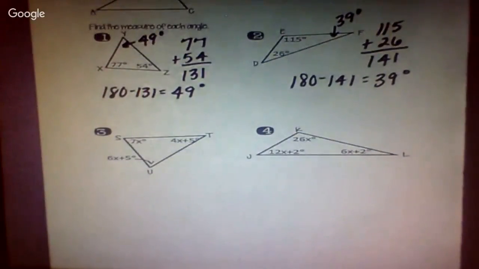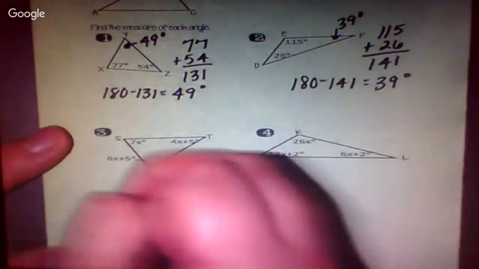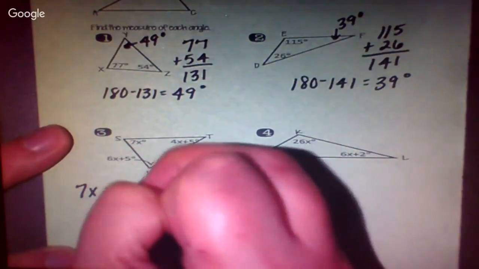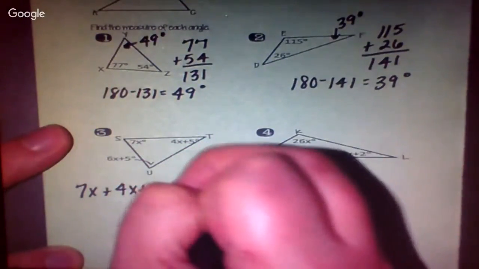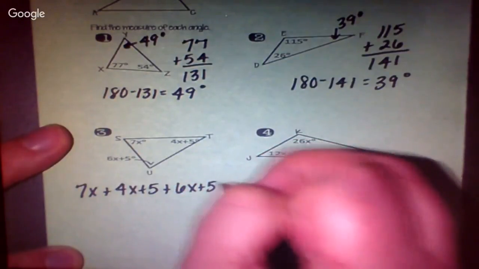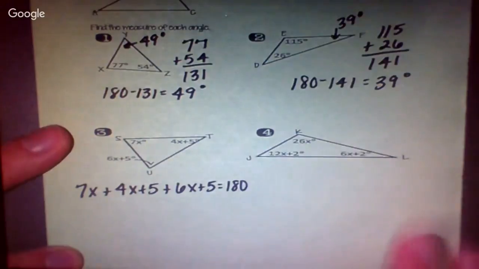Okay. The ones that are going to seem to stress you all out because you're like, oh my God, there's a variable, help me. No, not that bad. Again, all three angles added together should equal 180. So set it up the way you know it. I know that angle S, which is 7x, plus angle T, which is 4x plus 5, plus angle U, which is 6x plus 5, should equal 180.